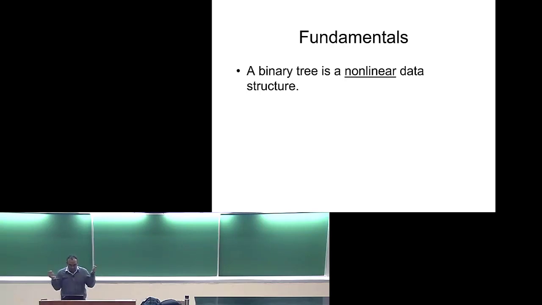Probably you did the two-way linked list in the recitation. We learned about stacks, queues. These are all linear, right? We have the notion of sequence, one followed by the other. Now trees, and more so binary trees, are non-linear data structures. From the example you will see what we mean by non-linear.